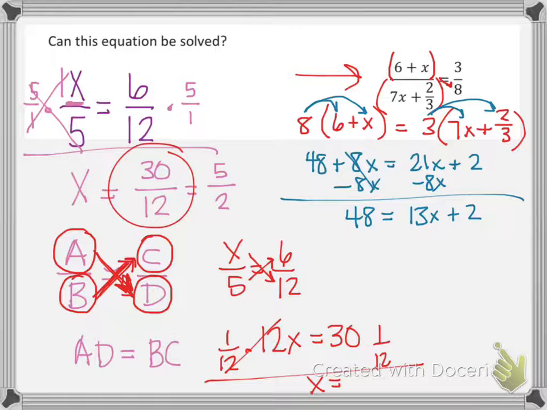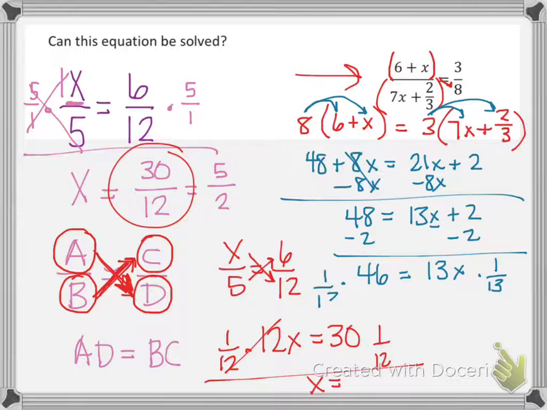And then, again, we're trying to isolate that variable, so I'm going to subtract 2 from both sides. I get 46 is equal to 13x, and then we can multiply by reciprocal. And when we do that, the 13s will cancel. I get x equals 46 thirteenths, 46 over 13.